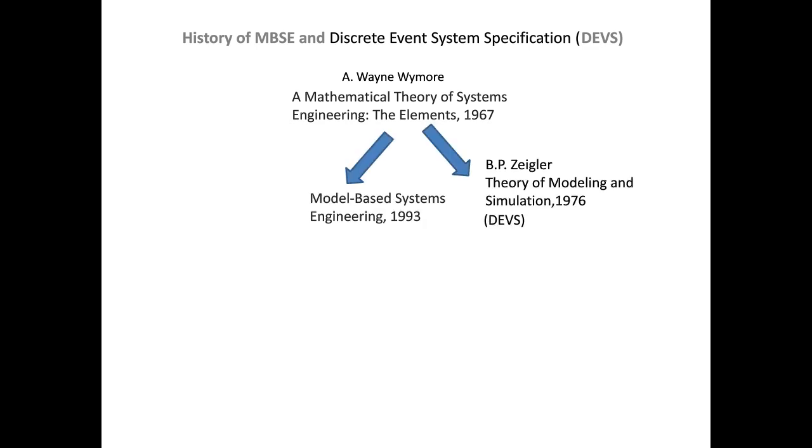So with that kind of motivation, I'd like to go through a history of model-based systems engineering, MBSE, and how Discrete Event System Specification, DEVS, interacts with it. The way I trace it, it goes back to Professor A. Wayne Wymore at the University of Arizona, and his book in 1967, where he developed the theory of systems engineering.